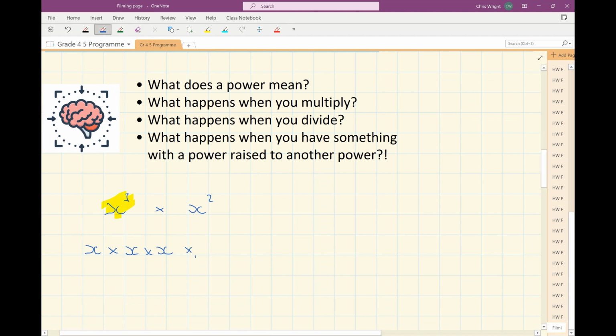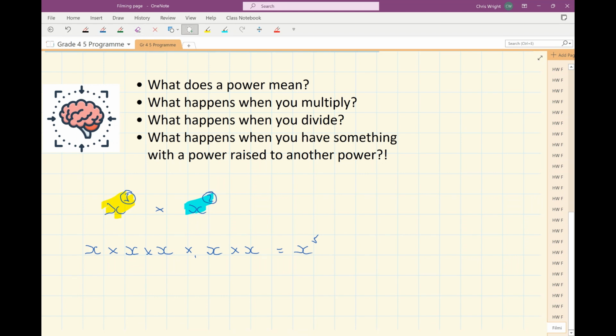So we're going to multiply that by x times x, because that's the x squared. Now, what have I got all together there then? I've got x times x times x times x times x. X to the power of 5. So when you multiply expressions with indices, you add the powers.